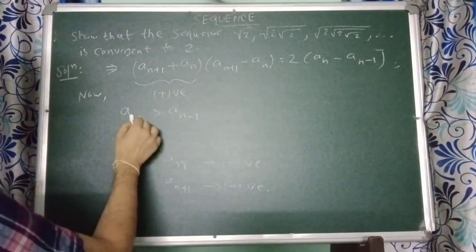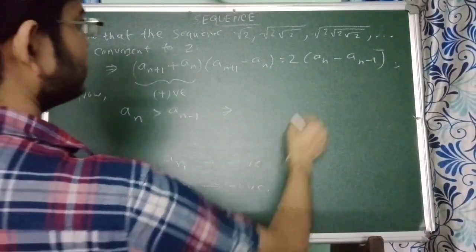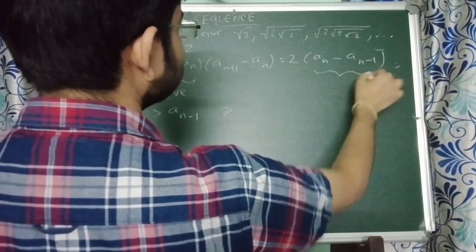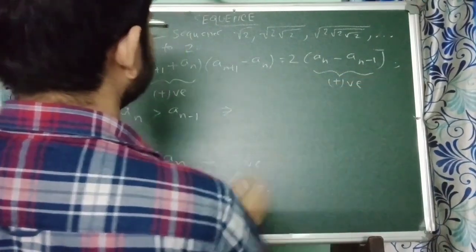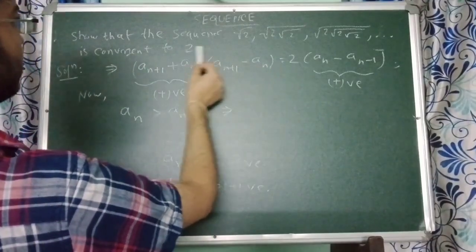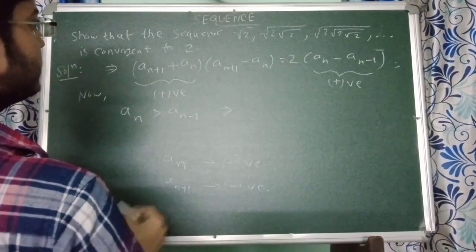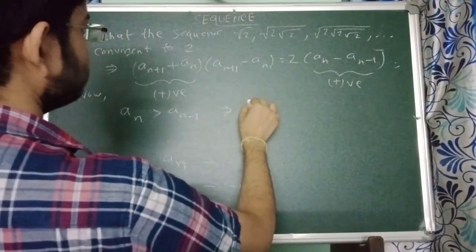Now a_n greater than a_{n-1} shows that the right hand side becomes a positive quantity. This is a positive quantity, so altogether the expression is positive, and this expression is already positive, so this expression must be positive.